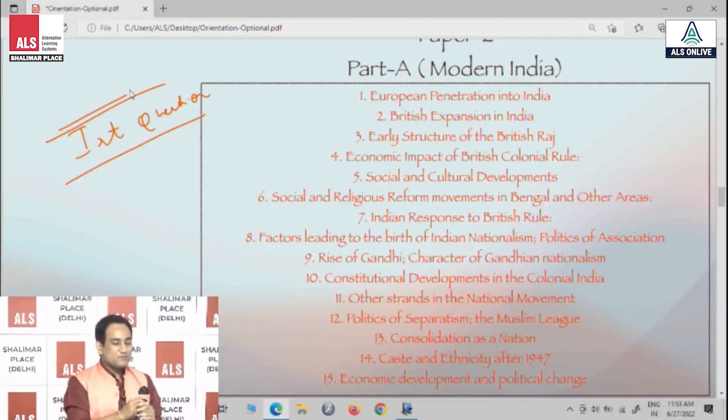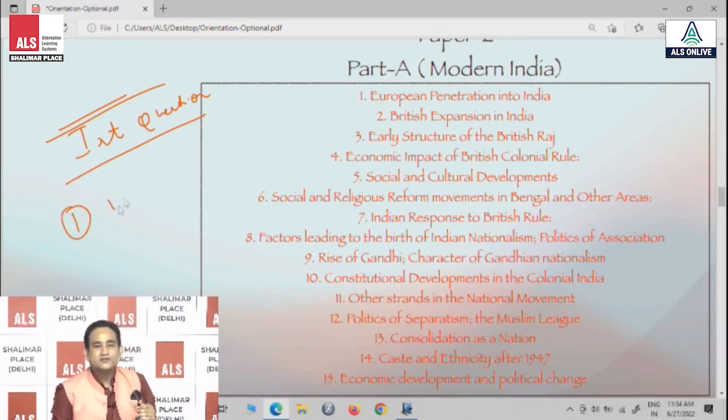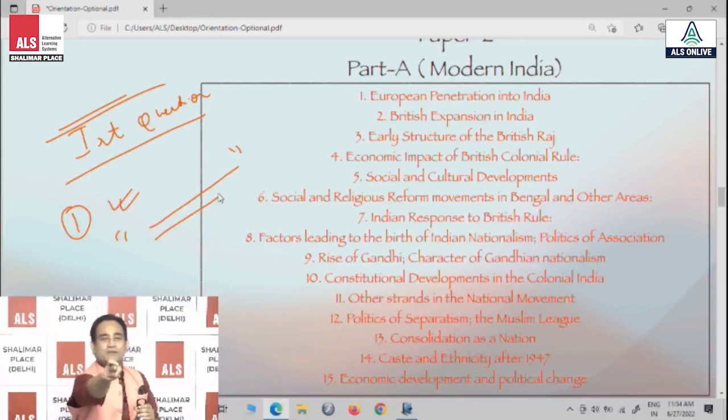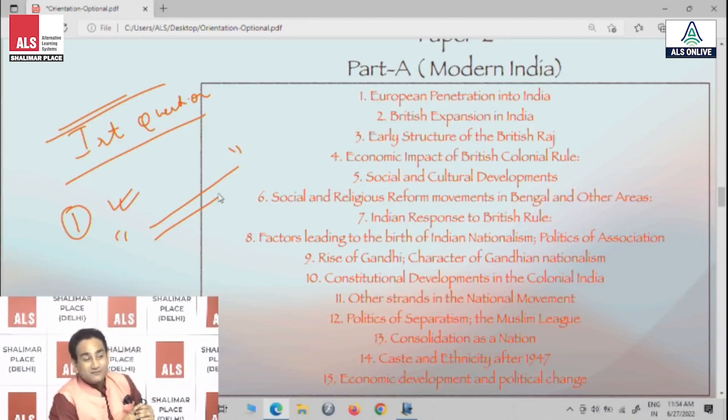So for the first question in modern India, they are not asking a map based question. They are asking a statement based question. They will give you a statement, quote unquote, and you will have to comment. Even the first question of world history is statement based. You don't have to write anything, you have to comment.